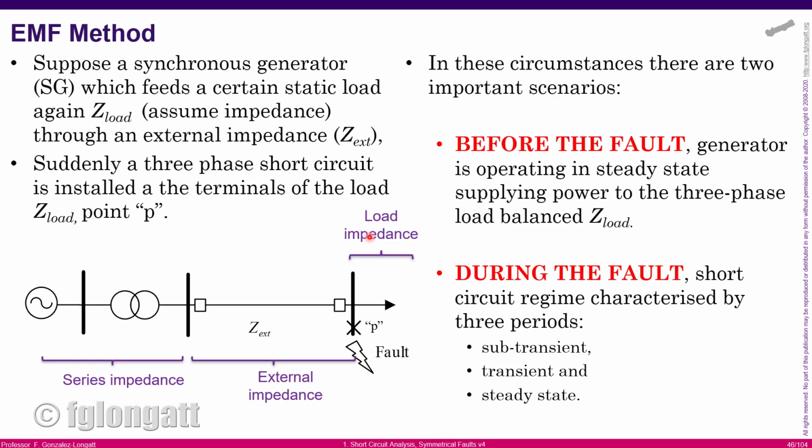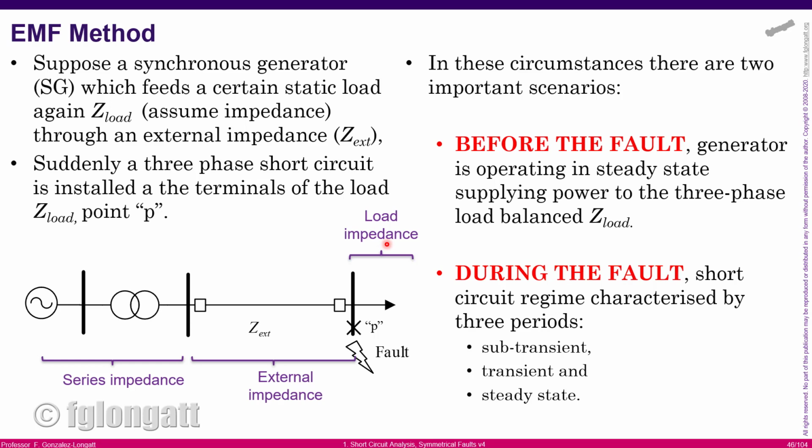That means there is no dynamic related to that load, and we can assume that the simple model for that load is an impedance, okay? Later, if you have a dynamic load, like another synchronous generator, a synchronous motor, or an induction motor, that is another story, okay? However, the procedure that I will explain here will be the same, okay?